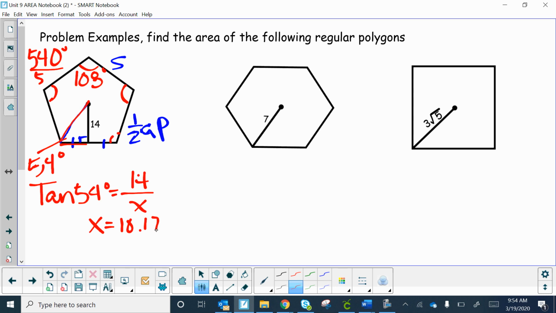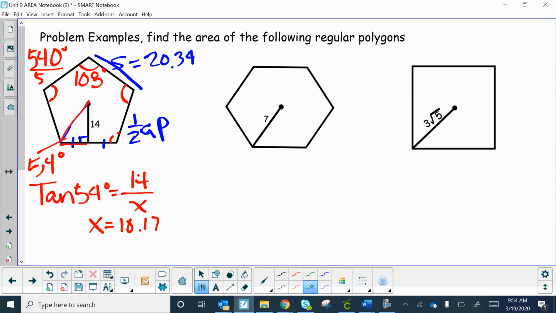So I'm going to hit times 2 in my calculator to represent the whole entire side. So S, this whole entire side, is going to be 20.34. So now I can use that to figure out what the perimeter is.